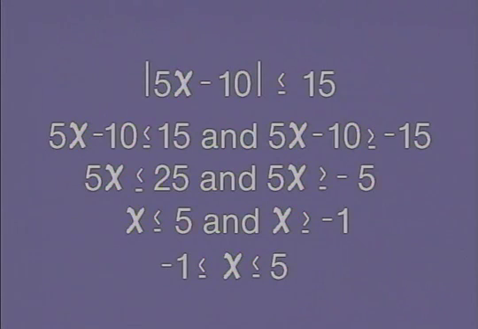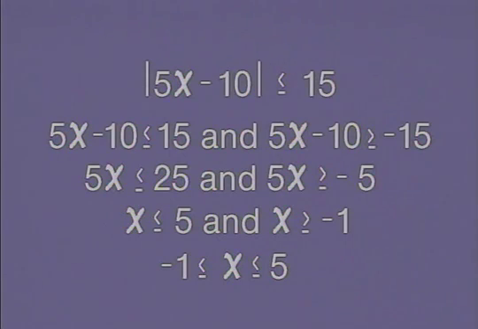We have to ask ourselves the question, can you find a number that is less than or equal to 5 and greater than or equal to negative 1? And the answer is, of course, you can. Negative 1 is greater than or equal to negative 1 and less than 5. 0, 1, 2, 3, 4, up to 5. So all the numbers from negative 1 through 5, including negative 1 and 5.